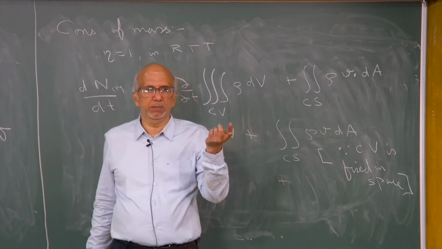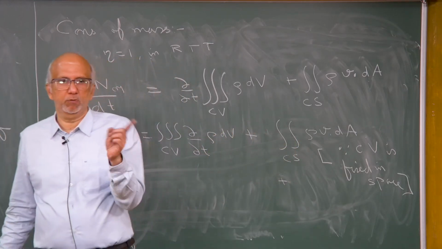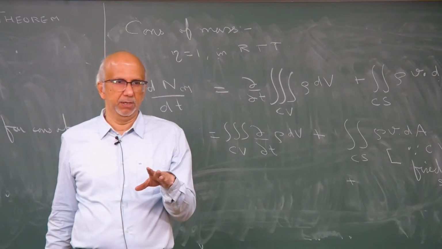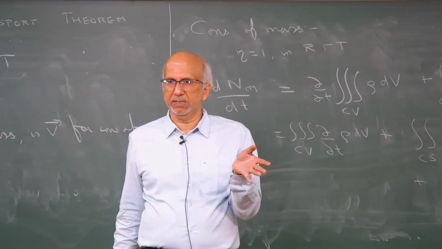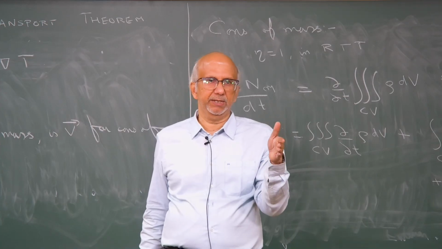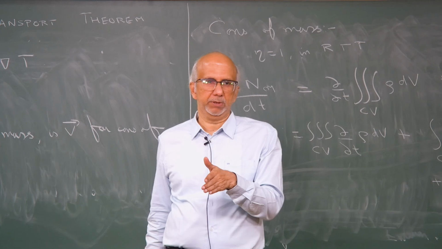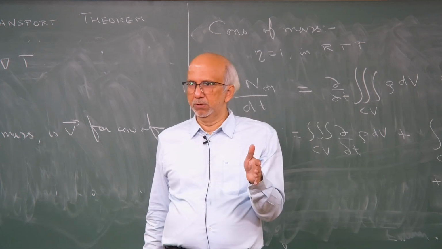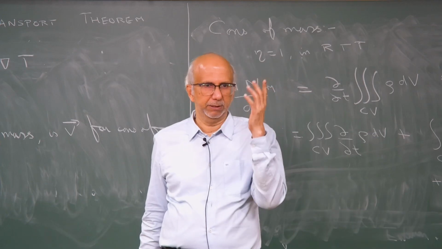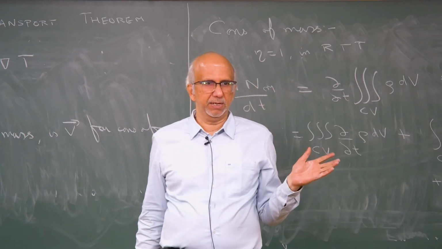Now, this is a volume integral and this is a surface integral. I can convert surface integrals to volume integrals. You must have done this in mathematics. There is a divergence theorem, the Gauss divergence theorem, which allows you to convert a surface integral to a volume integral. So, I am going to use that now. Whatever divergence theorem you did in your maths course is relevant here.